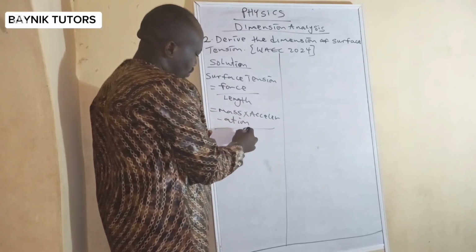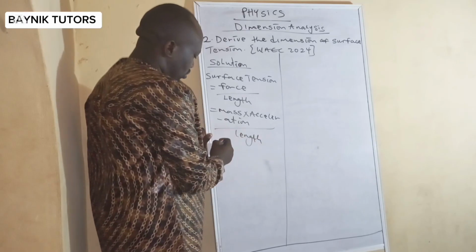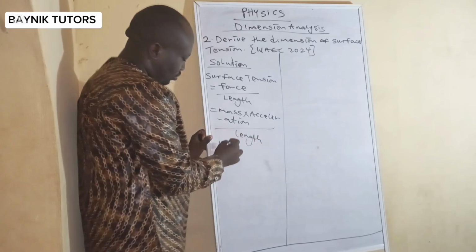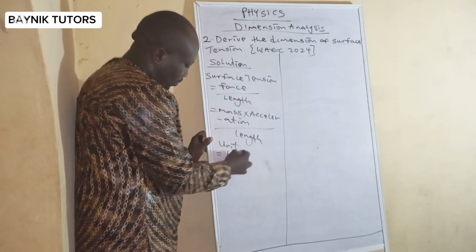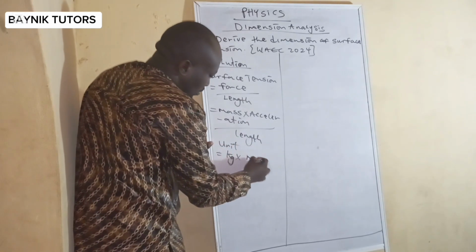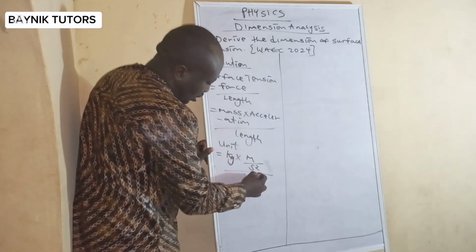Then over length here. So when we look at the unit, mass is kg, acceleration is m over s square, then length is m.